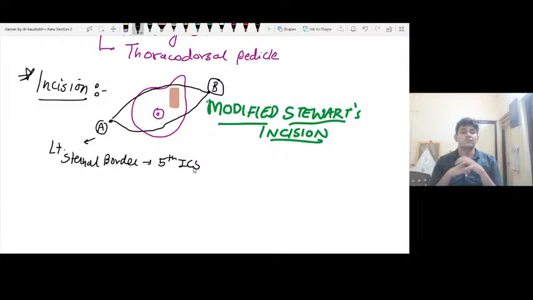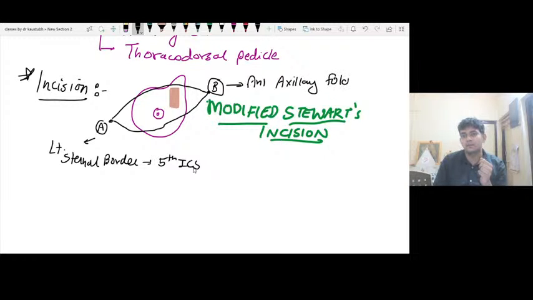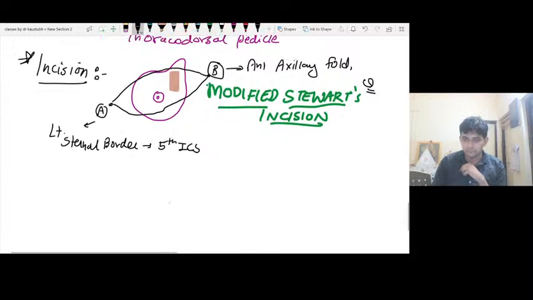So in the fifth intercostal space, left sternal border, you are going to give the medial most incision, curve it as a superior extension and an inferior extension, or superior lip of the incision, inferior lip of the incision, and point B where both are meeting, that will be in the anterior axillary fold. Okay, this is the incision which we give. Very important question, modified Stewart's incision.